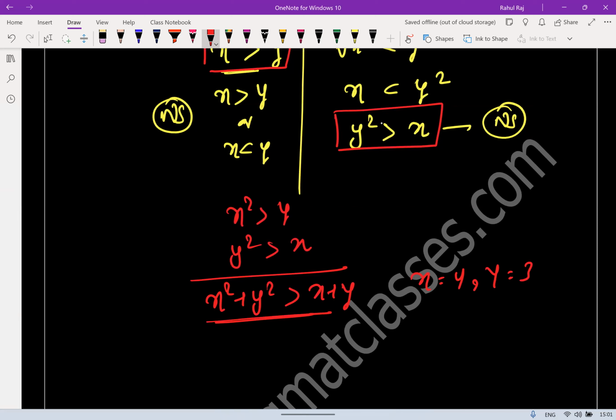Can I say x square plus y square is greater than x plus y? Yes, 16 plus 9 is greater than 4 plus 3. Imagine I take x equal to 3 and y equal to 4. Can I still say it? Yes, 9 plus 16 is greater than 3 plus 4. Simple logic. So that's the reason you mark answer E. Am I right? Any problem here? Please tell.